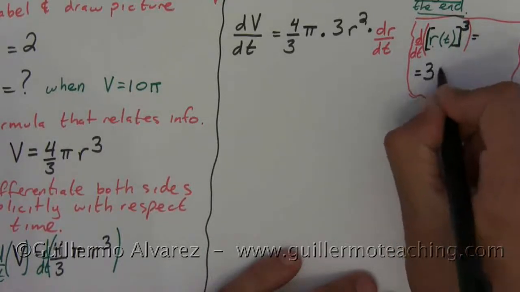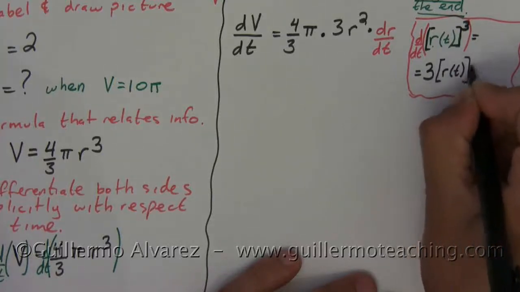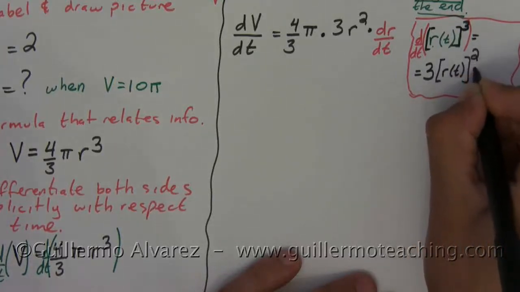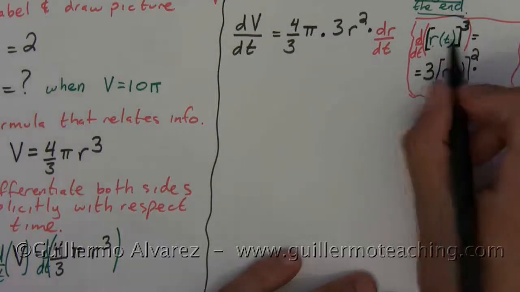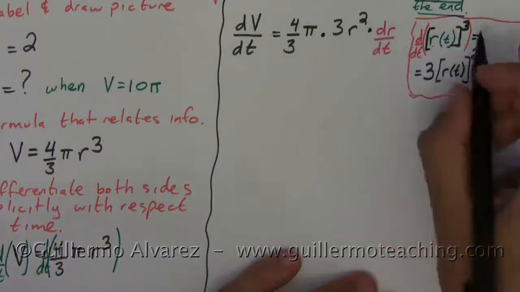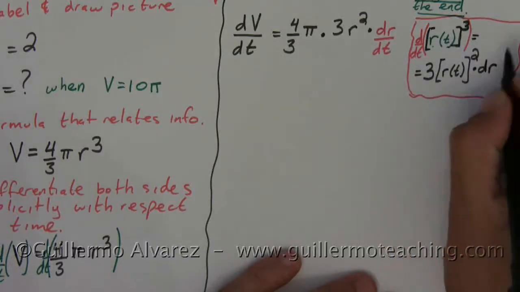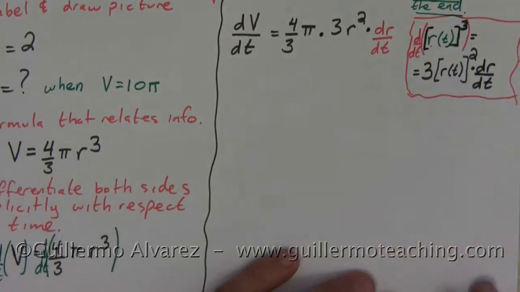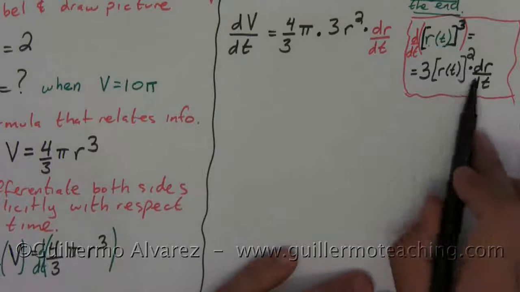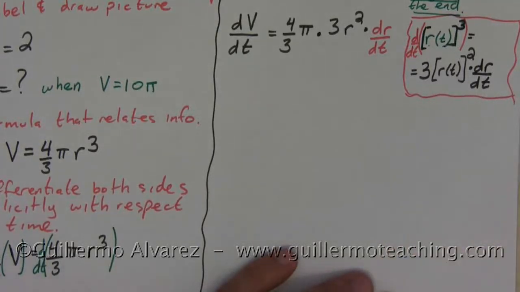I would bring the 3 down, I would have r of t to the power of 3 minus 1, squared. But then I have to multiply by the derivative of the inside. Now I don't know what the radius function is, but I can write it as the derivative of the radius with respect to time.